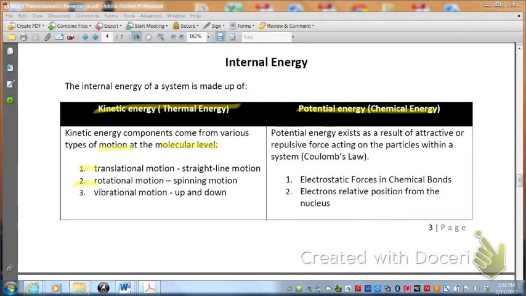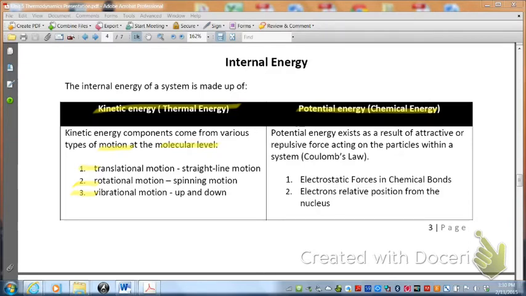Rotational motion, which is molecules and atoms spinning. And then finally vibrational motion, and this is atoms that are oscillating up and down.